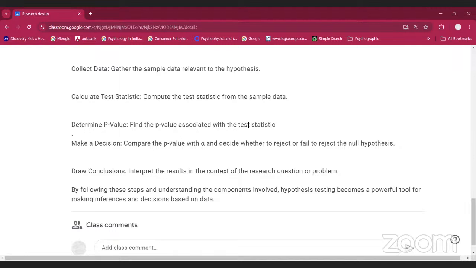Because we cannot tell. Sir, how to conduct repeated measure design, sir? 5 days. And we have decided that the stress is reducing or something.